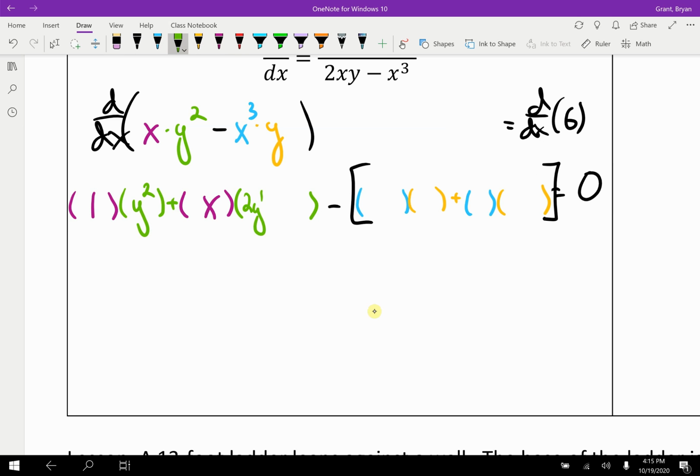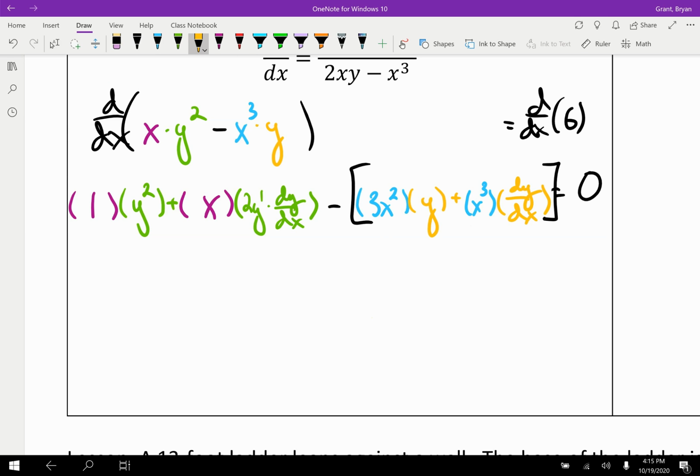It becomes 2y to the first times the derivative of y, which in this case, because of the ddx, is dy dx. Minus, on the other side, 3x squared, technically times 1, but nobody's going to write the 1, and so I won't either. We keep y the same, but now we keep x the same. That's x cubed. And then we multiply by the derivative of y, and the derivative of y with respect to x is dy dx.